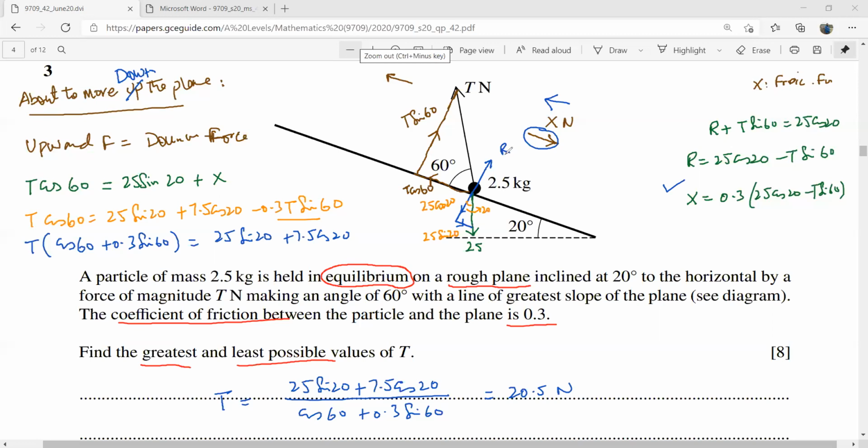So when we say upward is going to be equal to downward, this x will be going towards here. So this is x plus all of this, and your x is this. So I have to write all of this. Should I change the signs here?